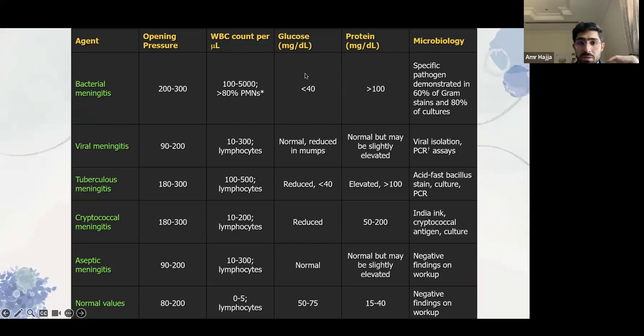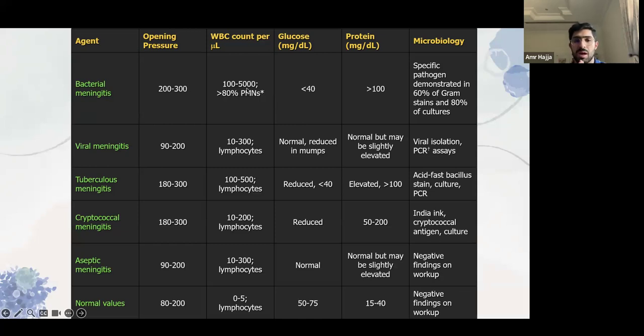Glucose here is going to be reduced, and the proteins are going to be elevated. Proteins most probably because of the lactic acidosis and the production from the bacteria itself, and the glucose because the bacteria feed on glucose. And it's basically, as you correctly mentioned here, leukocytosis, not lymphocytosis.